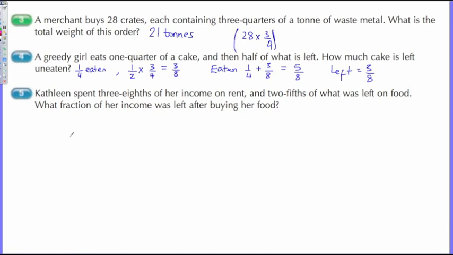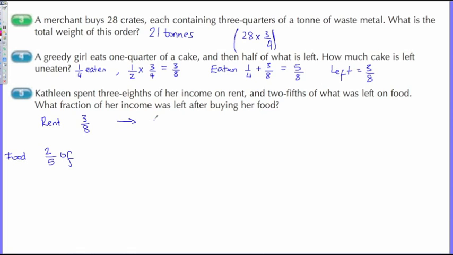Question 5, Kathleen spent 3/8 of her income on rent and 2/5 of what was left on food. What fraction of her income was left after buying her food? So she spent 3/8 on the rent, 2/5, so this is for the food. She spent 2/5 of whatever was left.